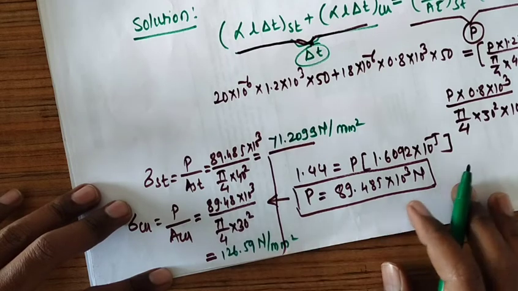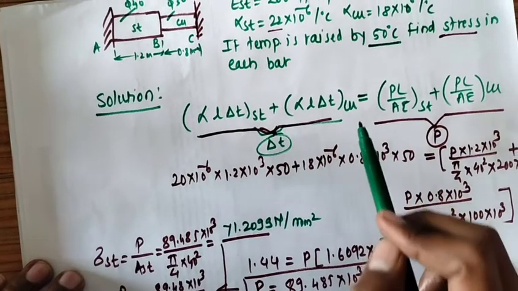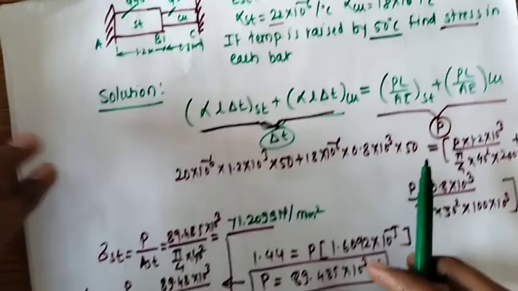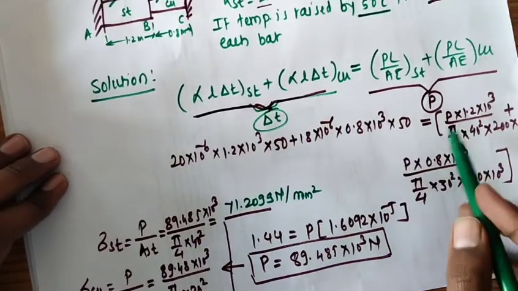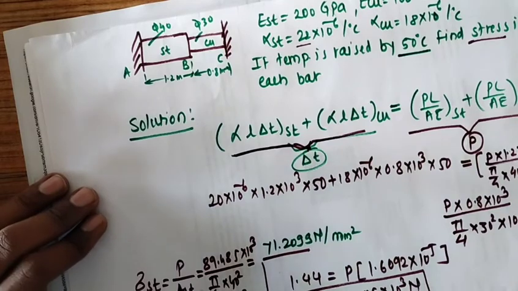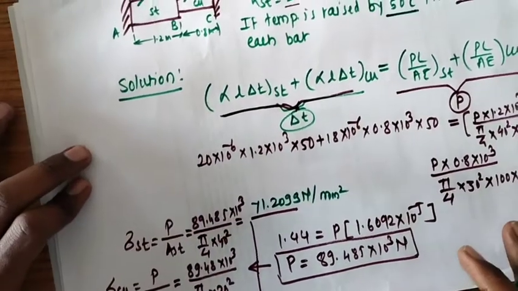So very simple. Just put in this formula, and how we derive this formula is already discussed in previous session. You can refer to that. So just by putting formulas we get value of P, and once we get P, that is compressive force on each member, we get stress in each member. So these are the values.